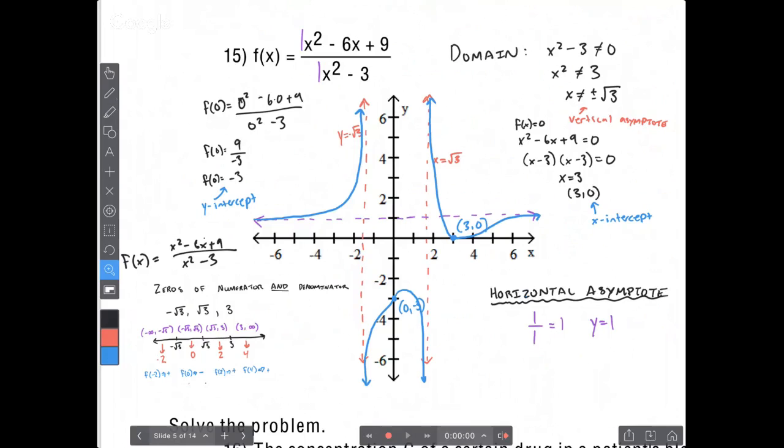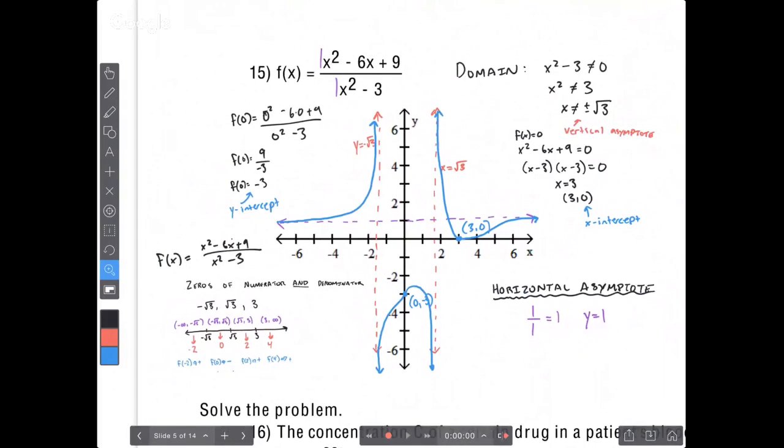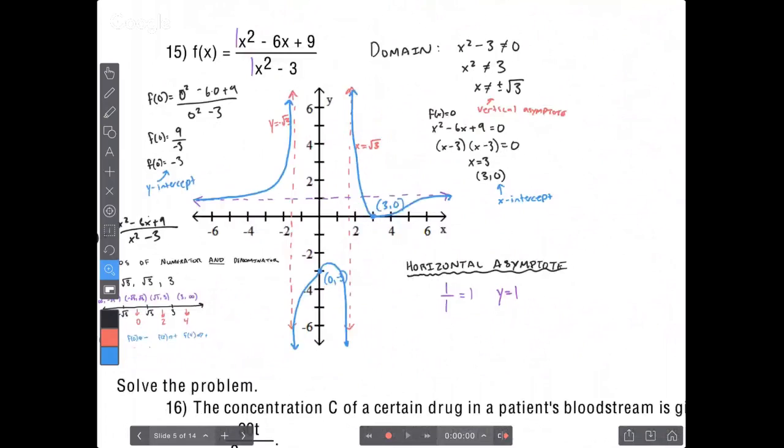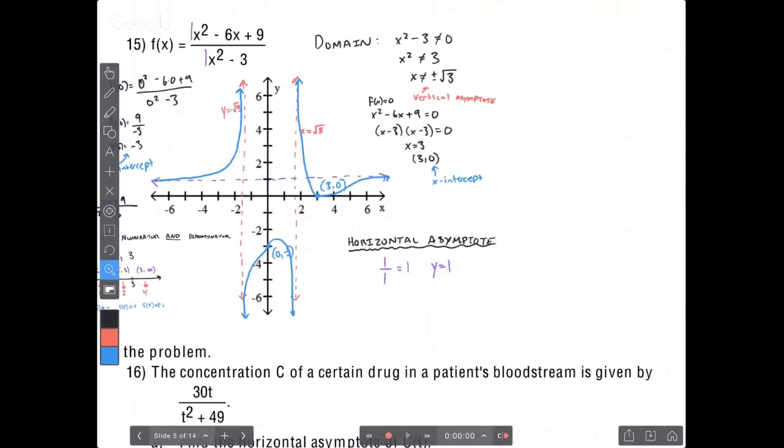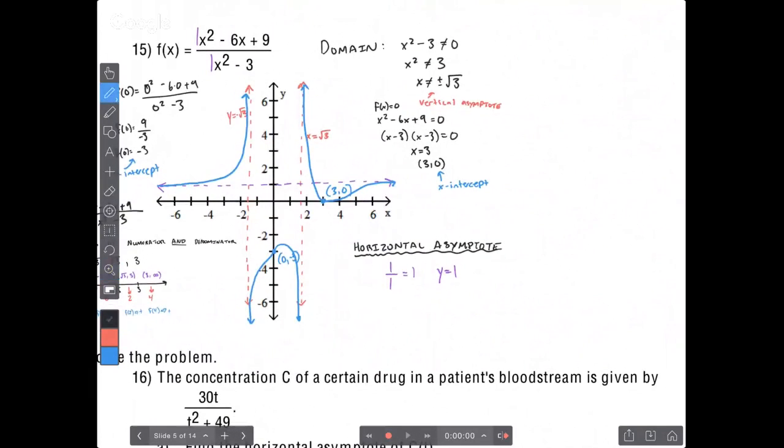Okay. Some things you should be able to do on this problem that are not explicitly asked for. We looked at rational functions when we said we could use limits to be really clear and precise about some of the behaviors of the function. So you should be able to express limiting behaviors of the function. You should be able to say things like the limit as x approaches negative infinity of f of x is equal to 1.